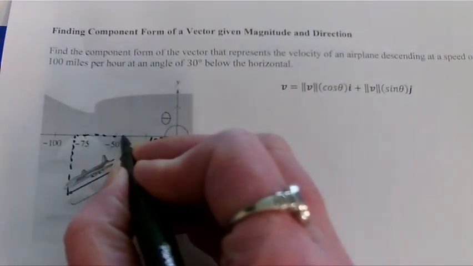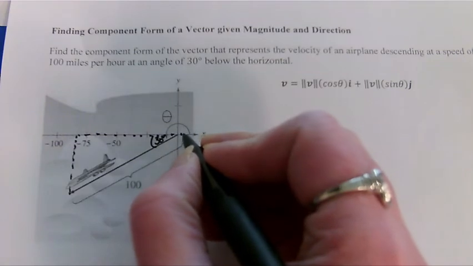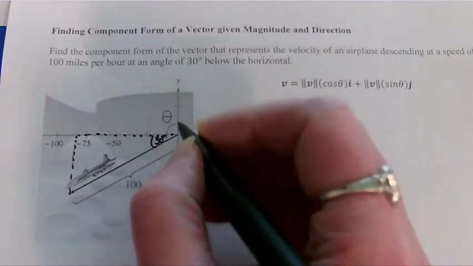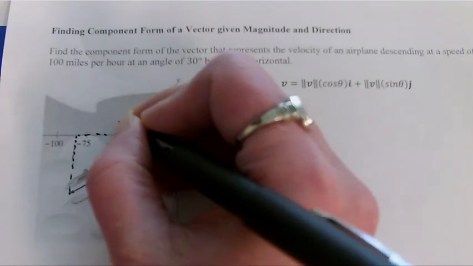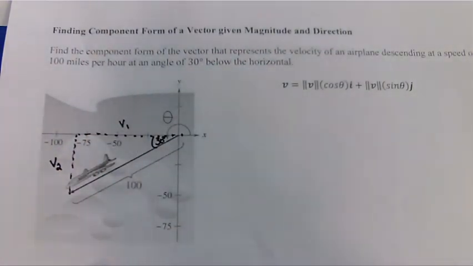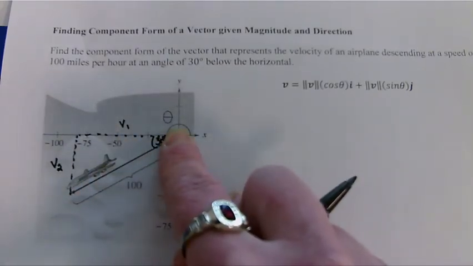How would I find this horizontal distance here? I'm going to call it V1. I'm going to call the vertical distance V2. Let's think about how I would find those distances. Well, that's adjacent, and I know the hypotenuse.